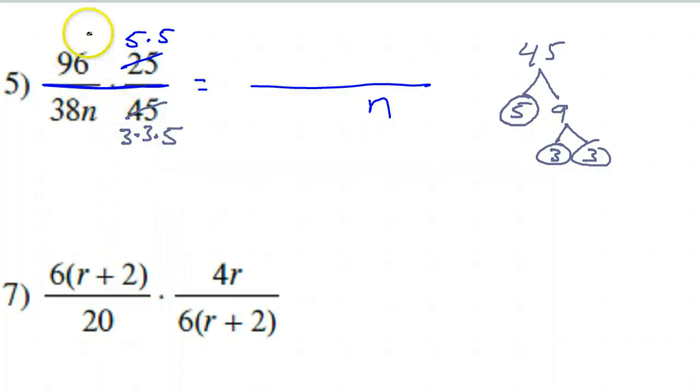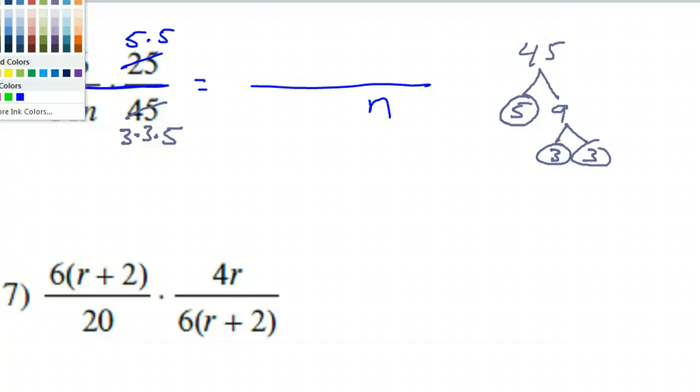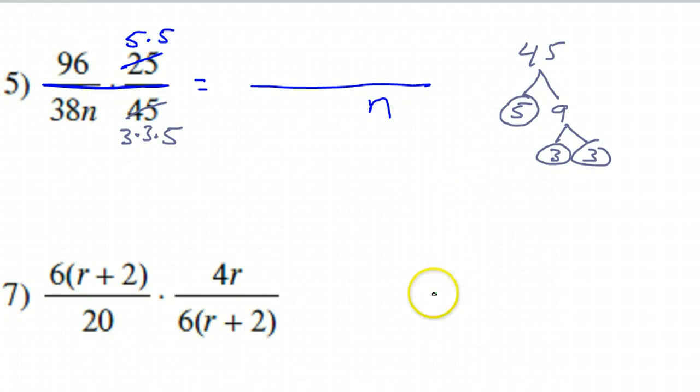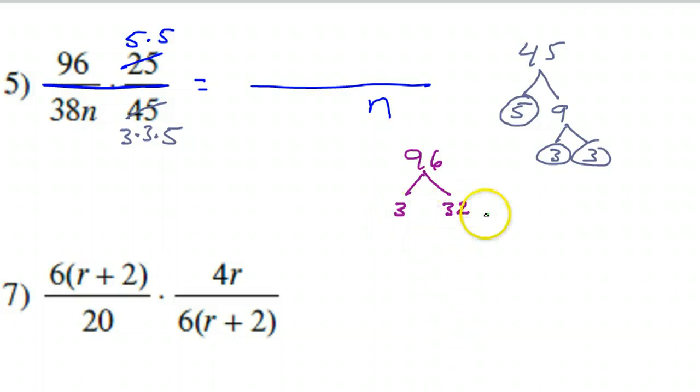Anyway, let's look at the 96. 96 is clearly divisible by 3. 3 times 32. 3 is a prime number, but 32 is even, so I know that that will factor more. That'll be 2 times 16. 2 is another prime number. 16 is not. 16 is even.